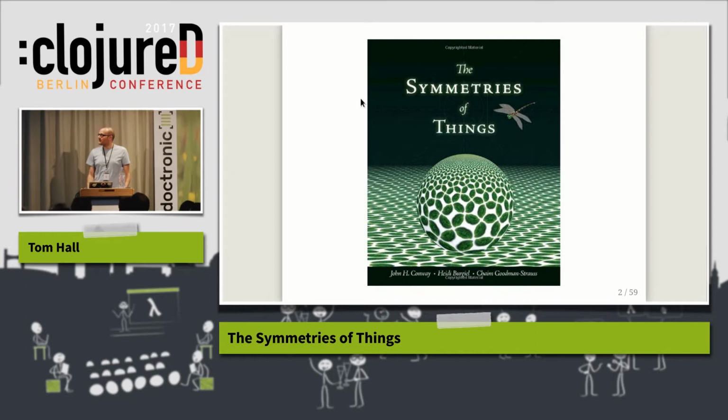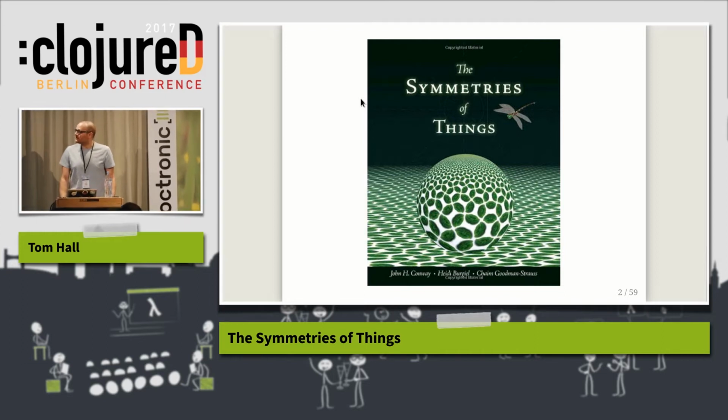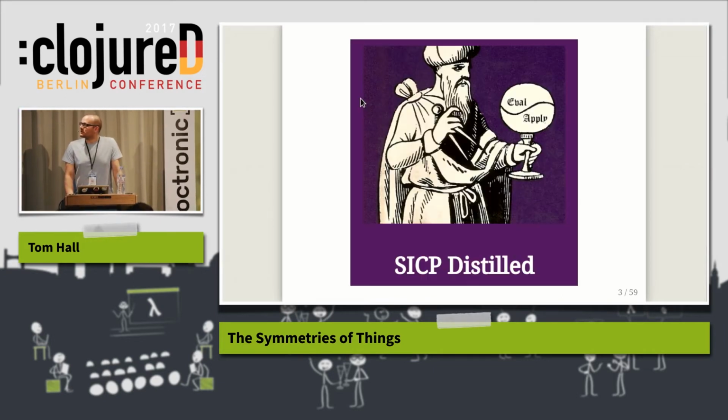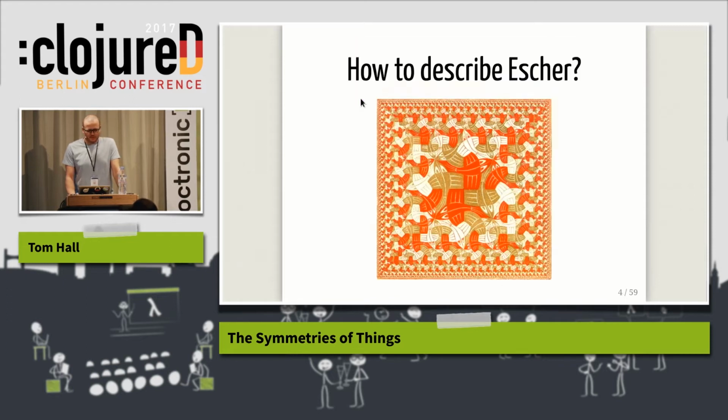Where we're aiming for this talk is a wonderful book called The Symmetries of Things, but I want to talk about another one of my favorite ideas, which I first saw inside Structure and Interpretation of Computer Programs. A few years ago I ported the highlights of SICP to Clojure. One of my favorite highlights is a thing from Peter Henderson, where he embeds in Lisp a way of describing Escher pictures, which is rather nice.